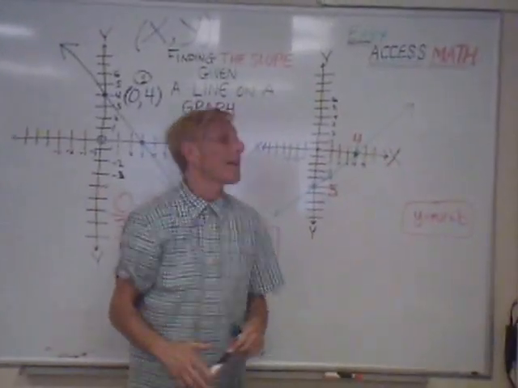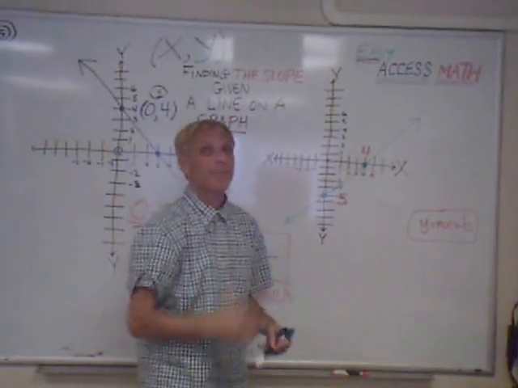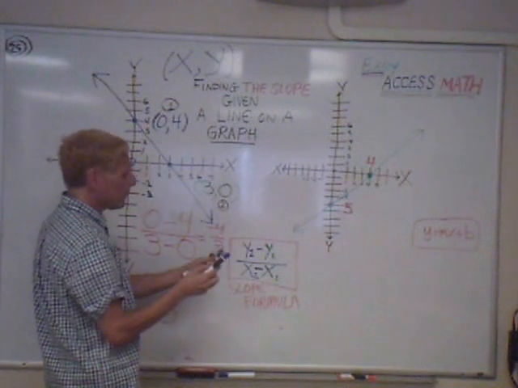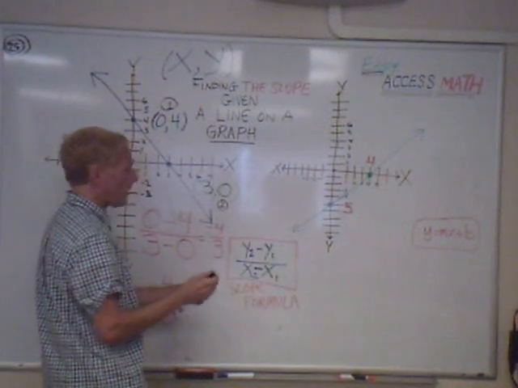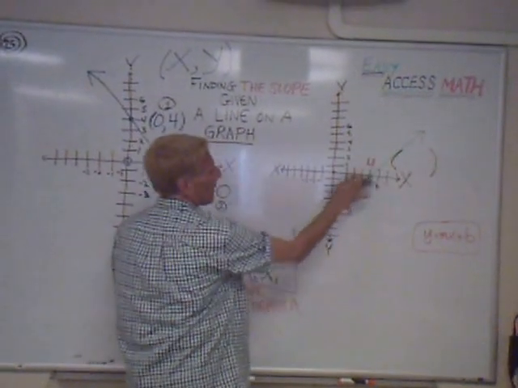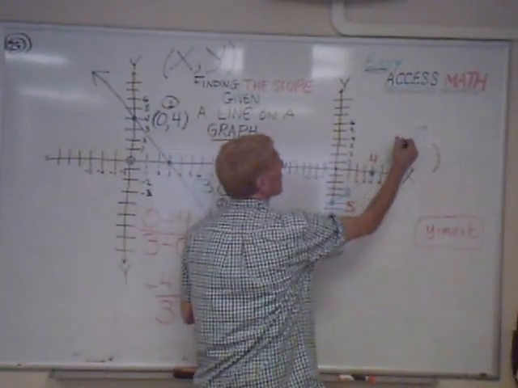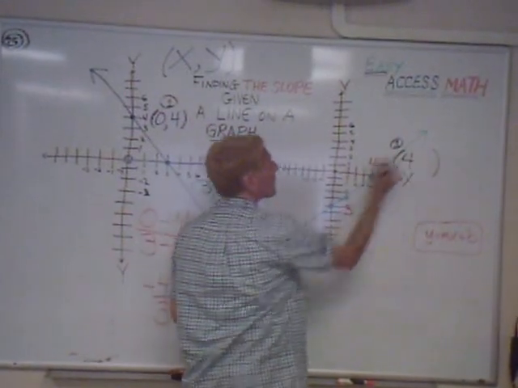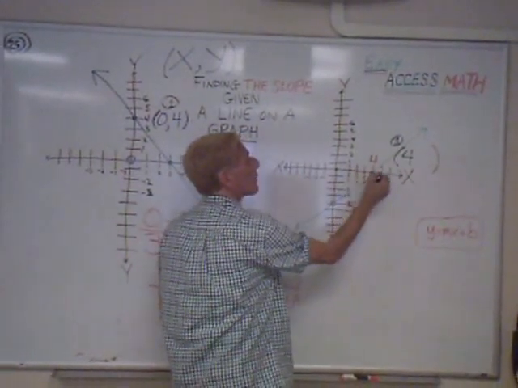Okay, we're back. I hope you got what I get. Let's take a look at my 2 points here. I have this point, I'll call point 1, and it's 4 on the x because it's going over 1, 2, 3, 4.